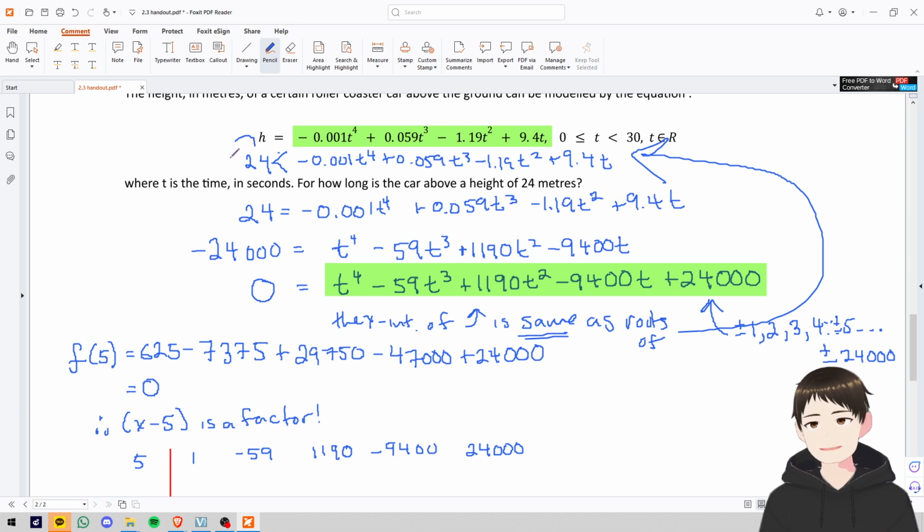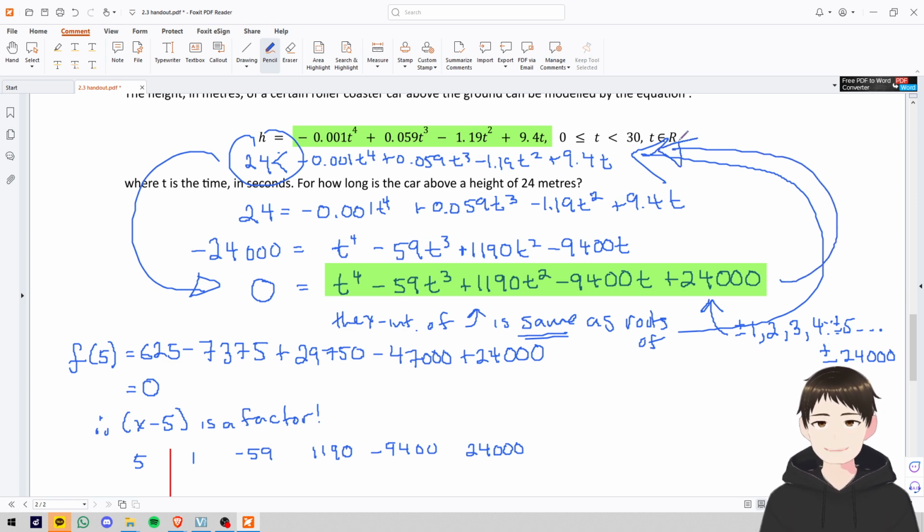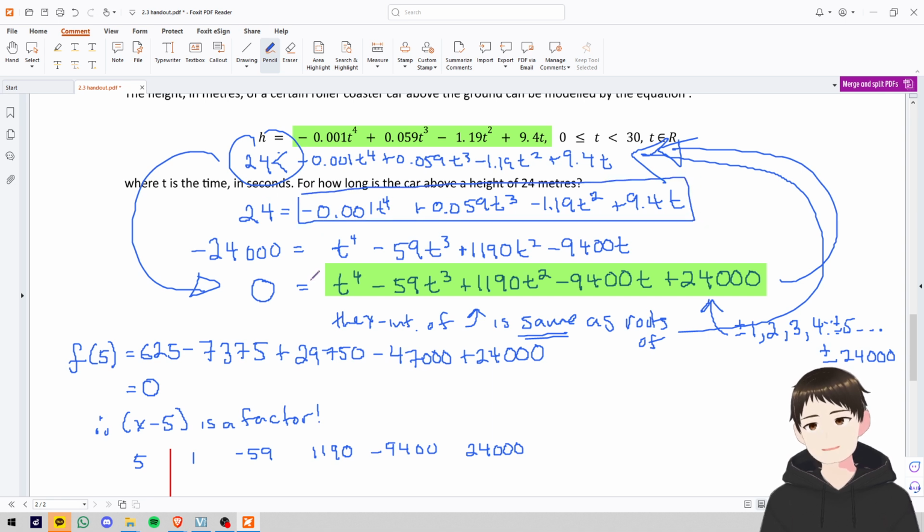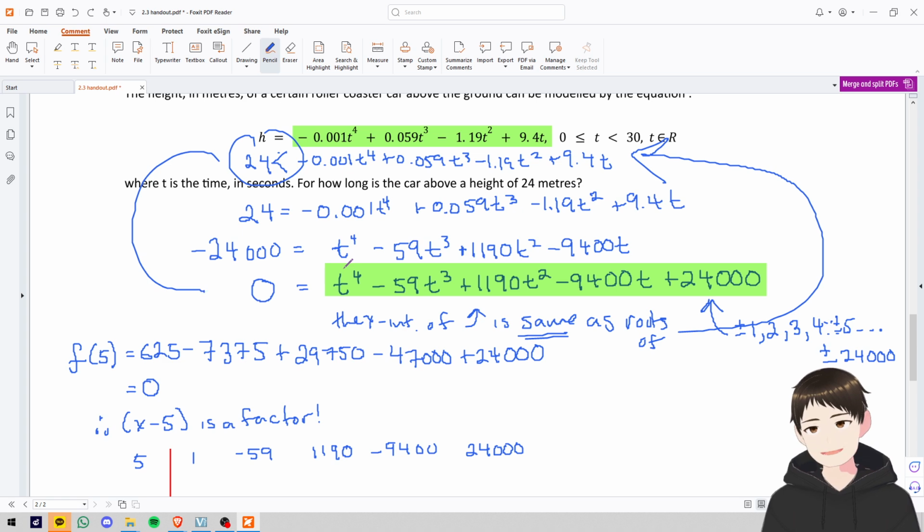Okay? Because this is equal to this, any answer for this is the same answer as above. So the answers or the roots that make this equation a 0 are the same roots that make this equation equal 24. And so what does that mean?